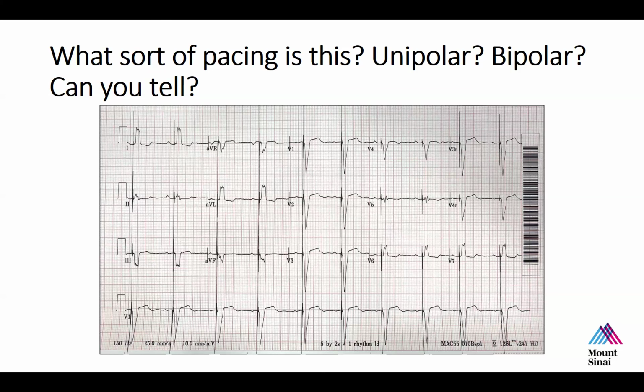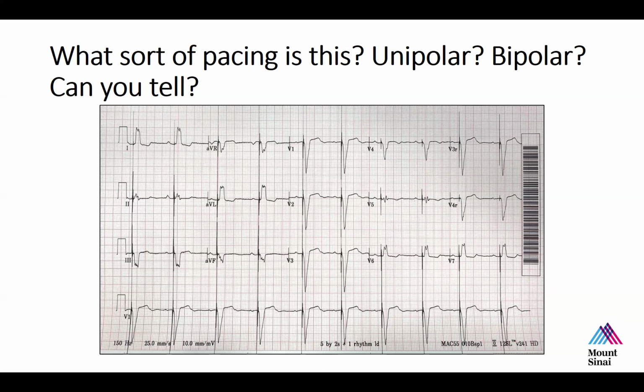And so when you have a large distance between the two electrodes, the two poles of the pacing, it creates a much larger artifact on the electrocardiogram than if you are pacing between two electrodes that are literally 2 or 3 millimeters apart.